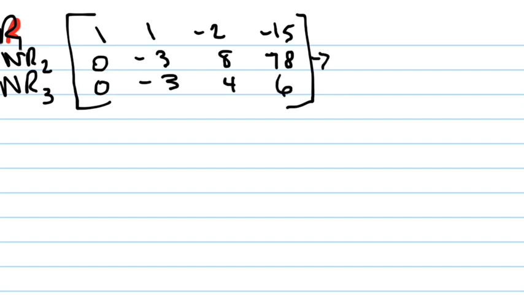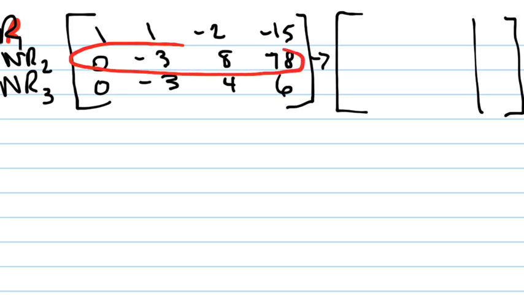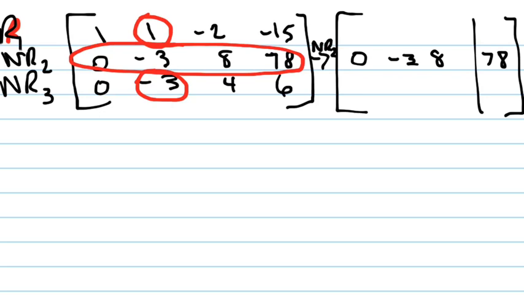Now remember, to get this new matrix, we're working with row 2 and column 2, right? So I'm using this row to eliminate this 1 and this negative 3. Well, the row you're using doesn't change. So new row 2 is going to stay 0, negative 3, 8, and 78 in your matrix.